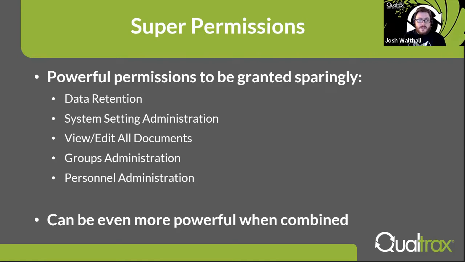Again, they're probably not going to do that, right? But it's important to know that if someone has both of those permissions, that is something they could do. They can see and edit every document in the system, and they can also delete documents, and that includes all the ones that they can edit, which is every document in your system.